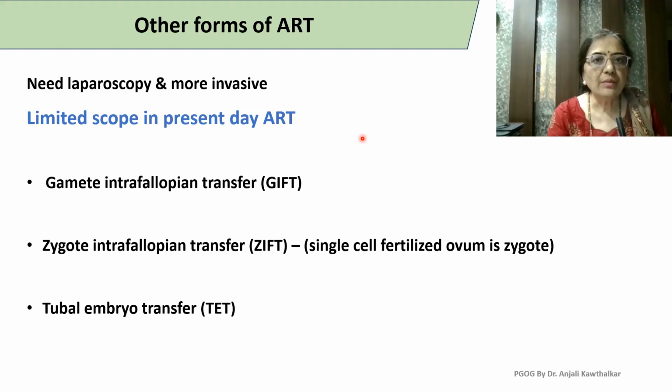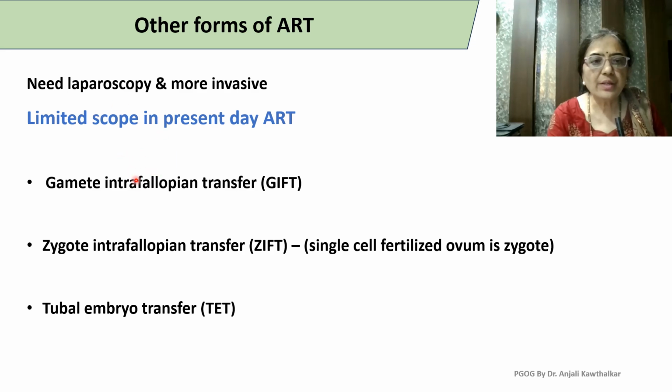Now, certain other forms of assisted reproductive technology have been tried over the years, but these have limited scope in the present day ART, as IVF has almost completely replaced these other techniques because they do need laparoscopy and these are more invasive.